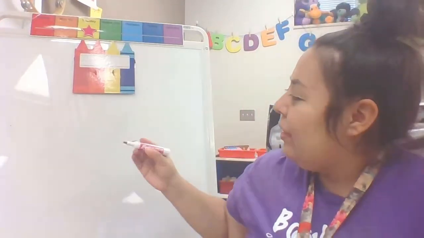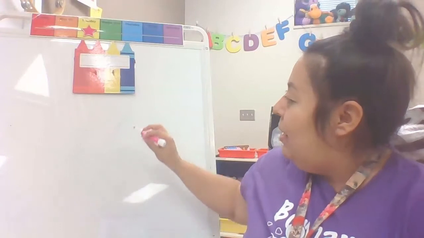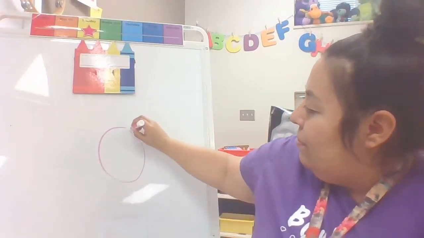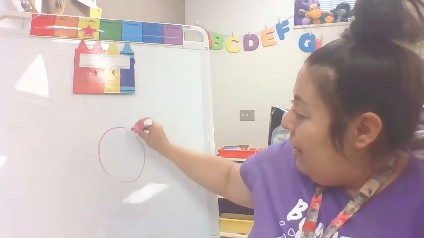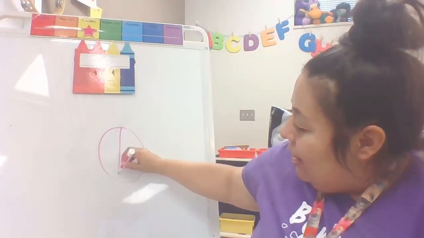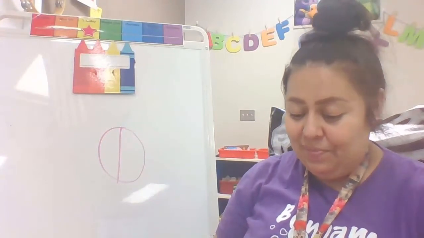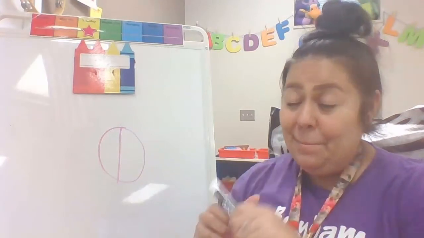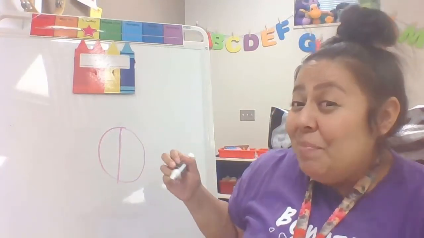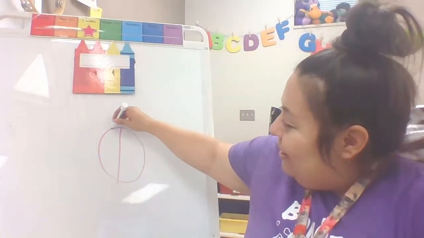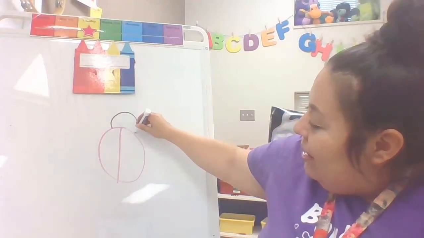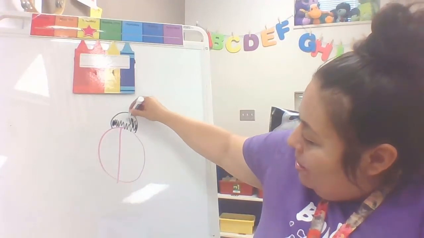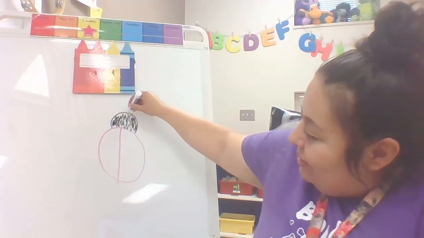So to make my insect, I'm going to draw a circle, just like that. And I'm going to draw a line in the middle. Then I'm going to get my black color. Can you guess what insect I'm making? Here's the head. And I'm going to color that in. Here's one of my black dots.